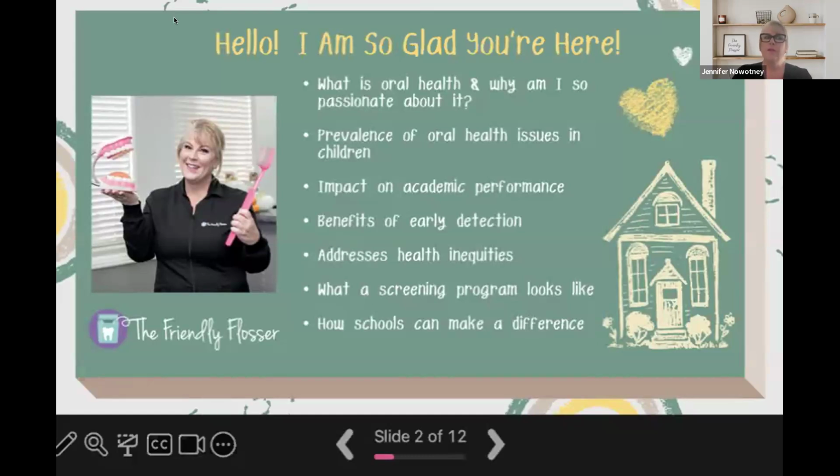With over 25 years working in the dental field, I've witnessed how oral health has remained a low priority despite how it impacts our overall health.